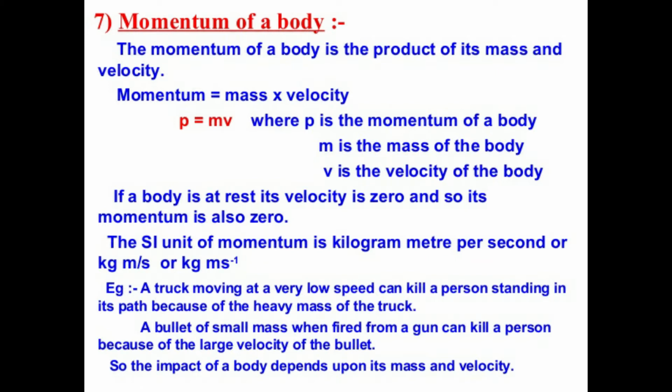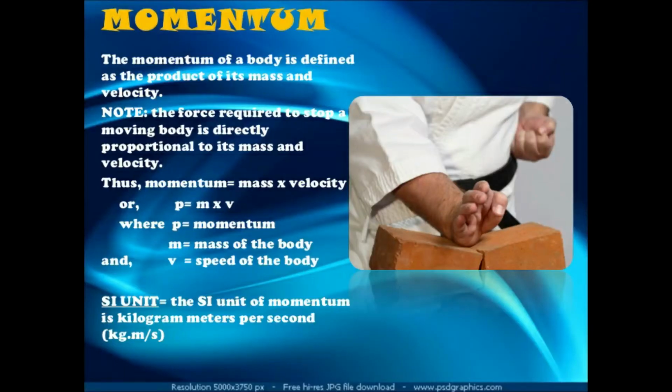We know that a cricket ball is much heavier than a tennis ball. Suppose we throw a cricket ball and a tennis ball both with the same speed or velocity. It will be found that more force is required to stop the cricket ball and less force is required to stop the tennis ball.